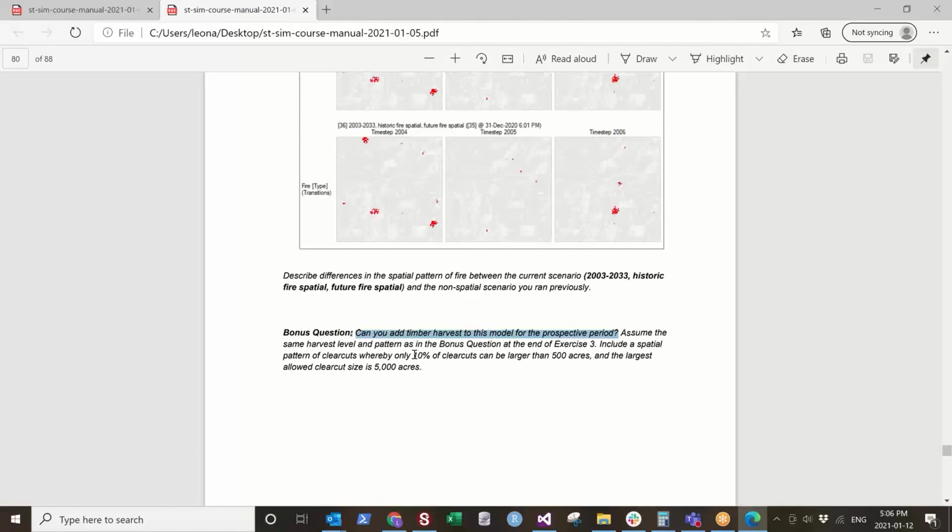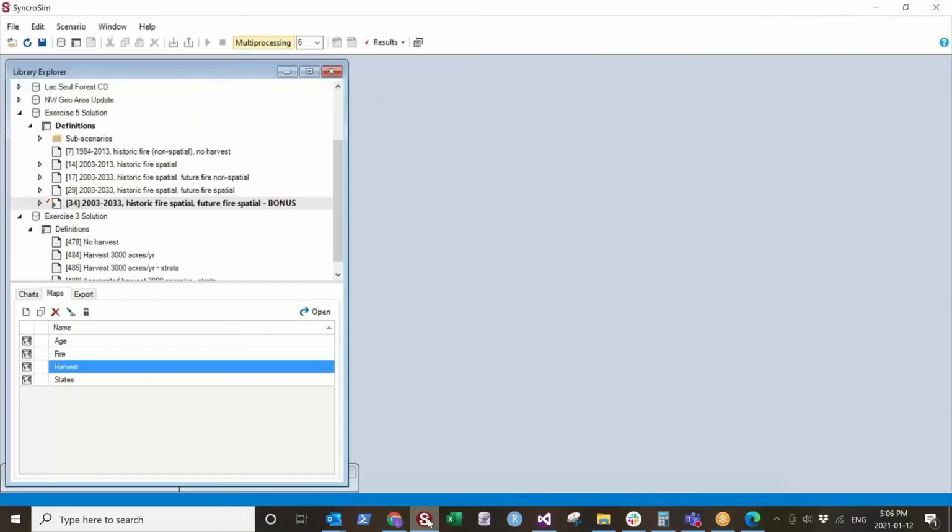It also asked us to create a spatial pattern where clear cuts, 10% of them, can be between 500 acres and 5,000 acres. So I'm assuming that 90% are going to be 500 acres or smaller. So a couple of different inputs required for that.